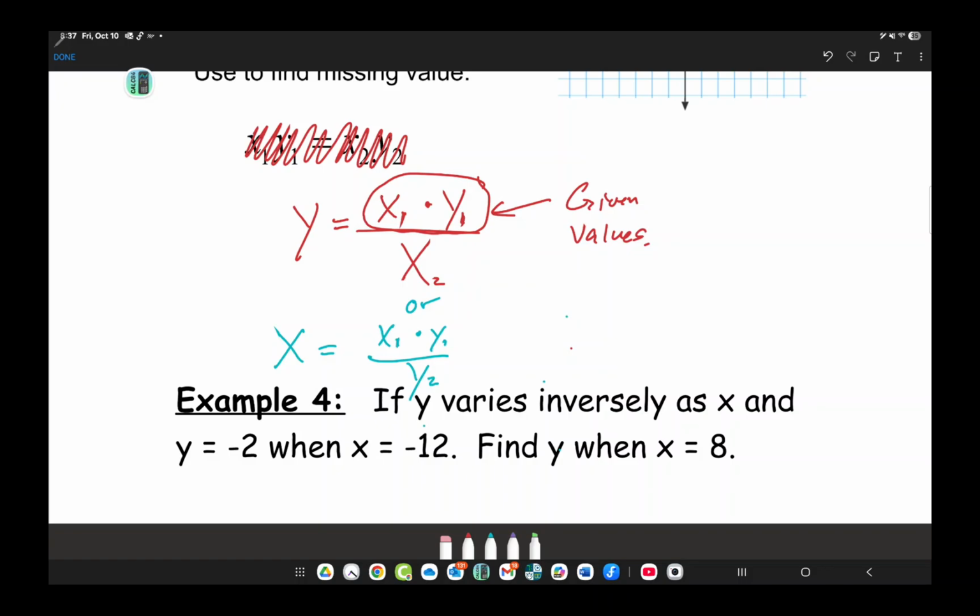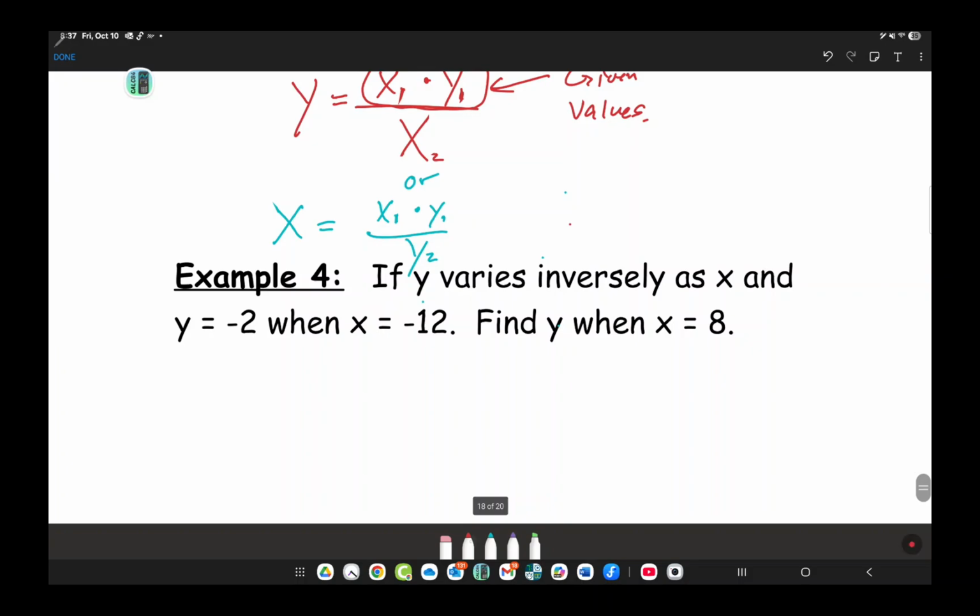All right. So if y varies inversely as x, find y when x is 8. So if they want y equals that x1, y1 times over x, okay, or x2. Again, when we write it in there, they don't write x2. Okay, so that's going to be y equals, what's negative 2 times 12? 24 over x.